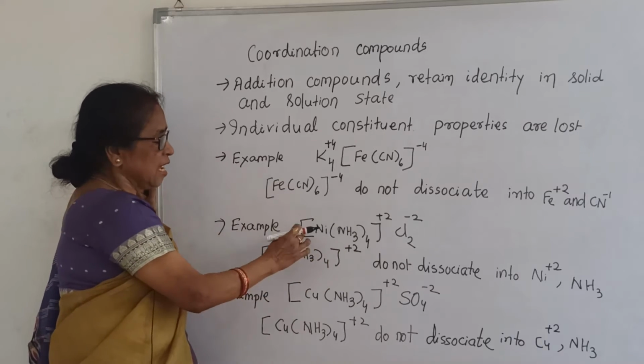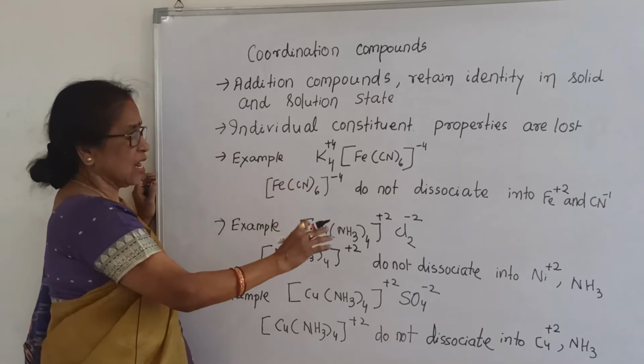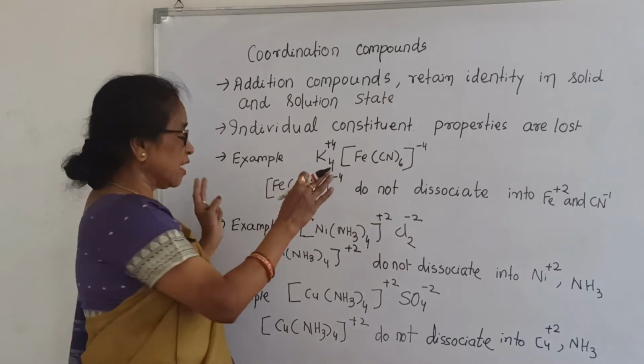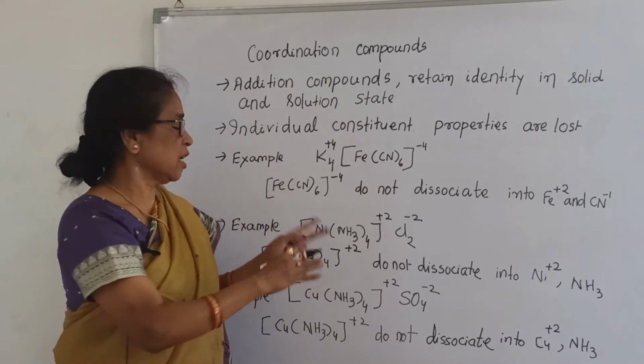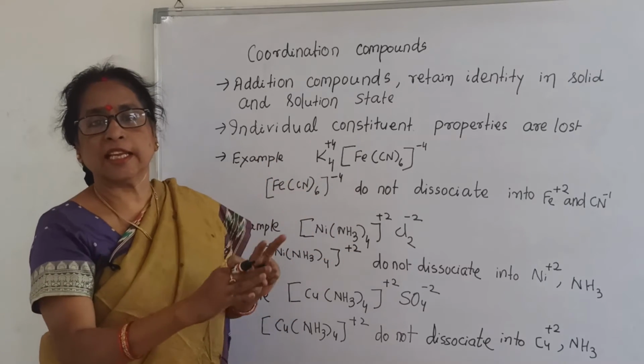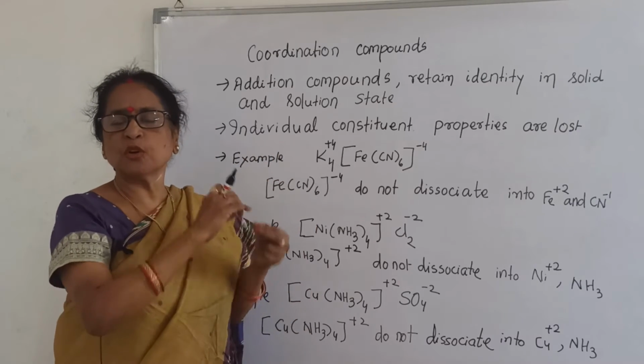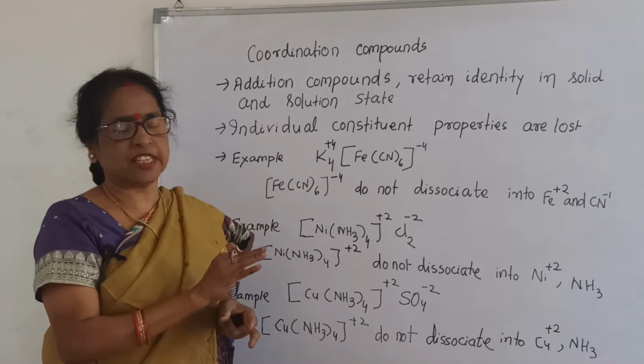That means what is present inside the square bracket never dissociates into Ni plus 2 and never dissociates into NH3, and never shows the character of ammonia. There is no smell of ammonia, and no taste of nickel plus 2 basic radical.